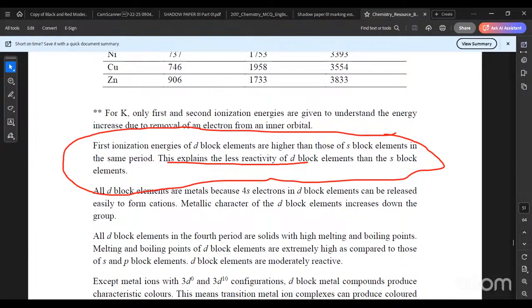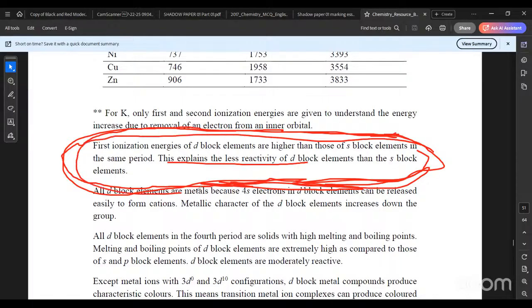Thank me for finding this. I knew this last year. I'm telling you so you know, I saw this and then gave this question. I created that question. This explains the lower reactivity of D block elements than S block elements.